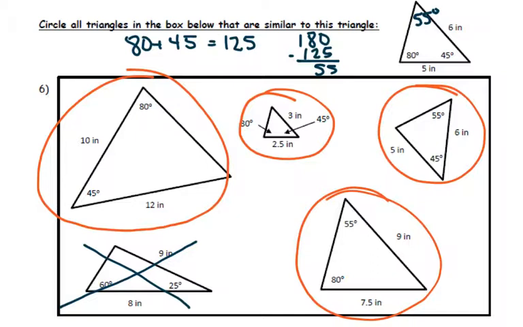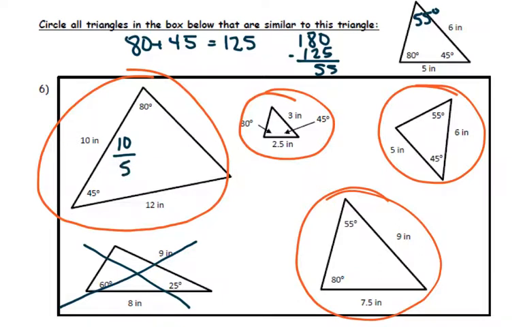So a proportion is a fraction equal to another fraction. So if you take a look at this big triangle right here, the side measure between the 80 and the 45 is 10 inches. You compare that to the side between the 80 and the 45 in the original. So the side measurement between 80 and 45 is 5 inches.